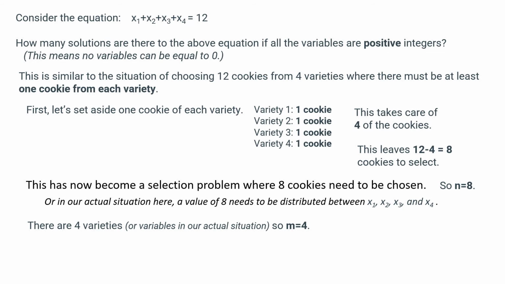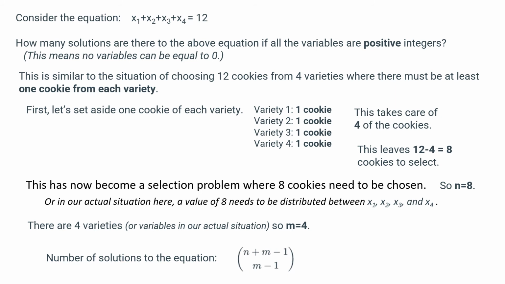So let's think back again to the cookies. We've got 4 varieties of cookies, so M would be 4, but we're choosing now just 8 cookies. This is the formula, but we could think about it in terms of there being 8 cookies that need to be chosen, and then we need 3 ones to separate the 4 varieties.